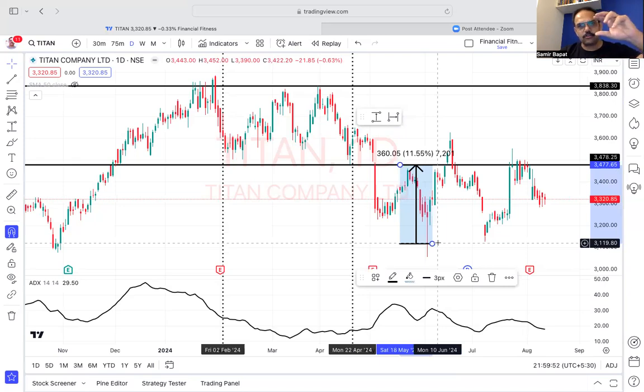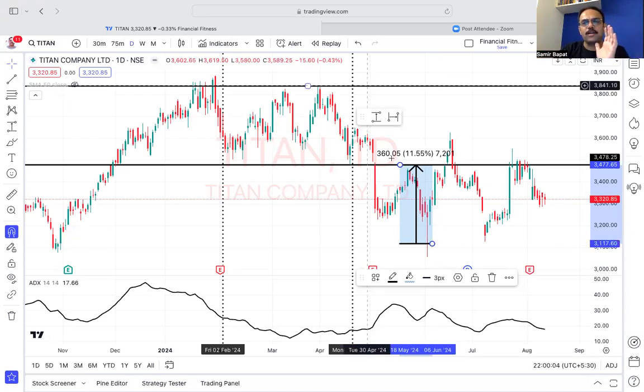So consolidation is a double-edged sword. Just because ADX is below 25 for 52 days, don't jump and buy the stock. You have to wait patiently for it to break out up or down. If it is breaking down, stay away. It will go down exactly this much. So you have to wait patiently for earning this stock.